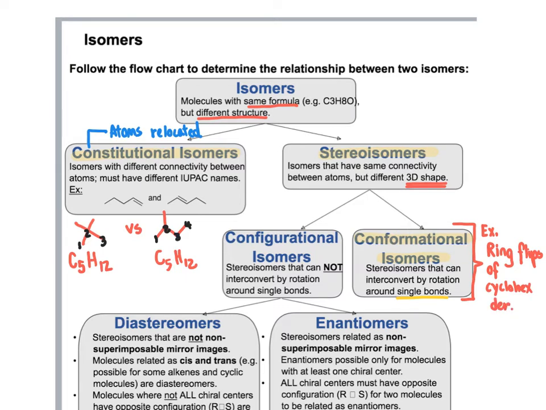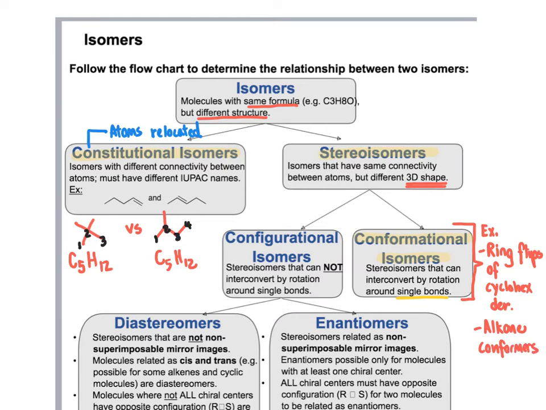Another example of conformational isomers would be when we rotate around the carbon-carbon bonds of an alkane to give different Newman projections that relate those different conformations. That would be an example of 2 molecules shown as conformational isomers. So we can also put alkane conformers here, which was commonly shown using a Newman projection.